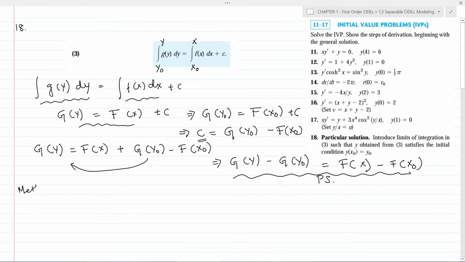By using the limit of integration, we can follow a second method, method 2, by using limits of integration or definite integral.